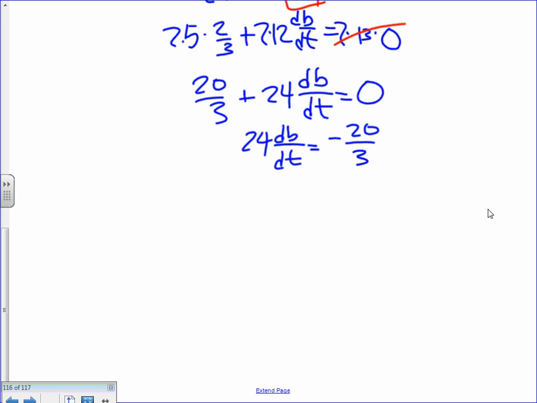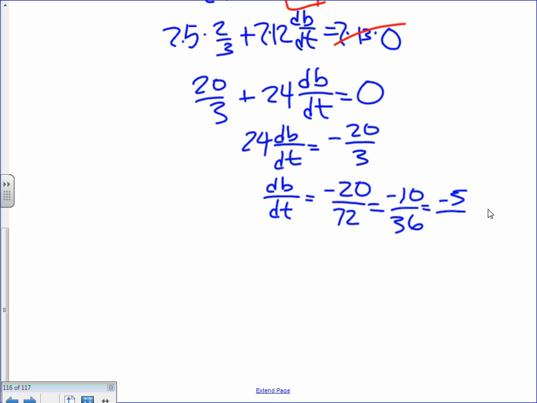And then I divide each side by 24, or multiply by 1 over 24. So dB/dt equals negative 20 over 72, which simplifies to negative 10 over 36, equals negative 5 over 18. Yep, that simplifies down to negative 5 over 18.